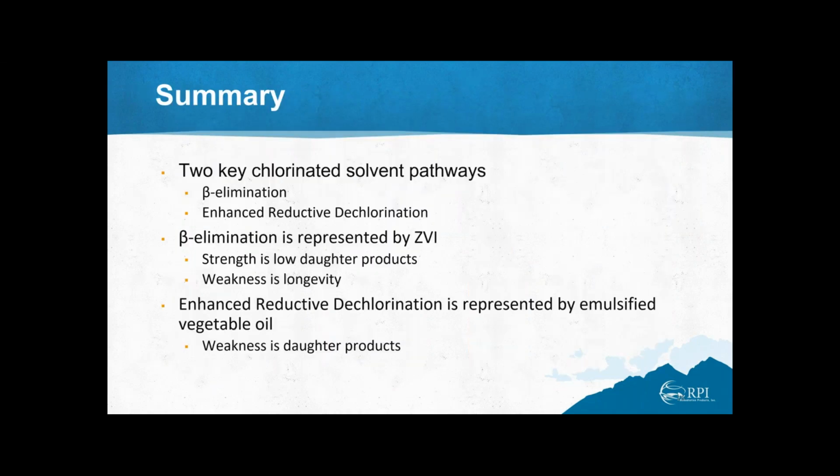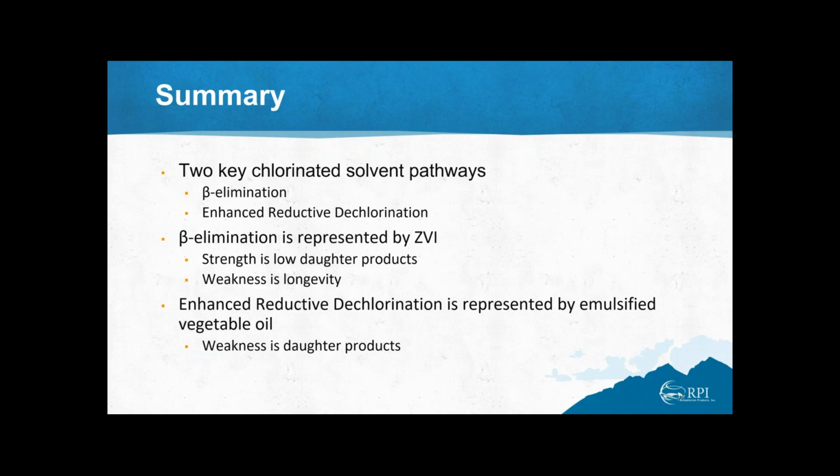So the summary: there are two key dechlorination pathways: beta elimination and enhanced reductive dechlorination. Beta elimination is represented by ZVI. Its strength is you get low daughter products. Its weakness is longevity. It just doesn't last long.